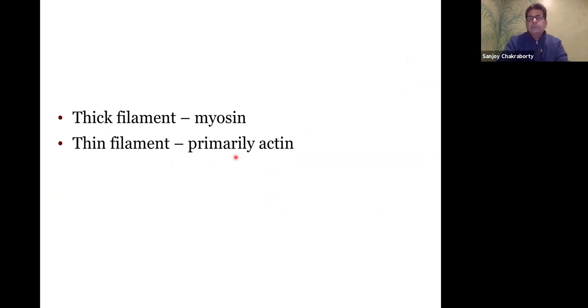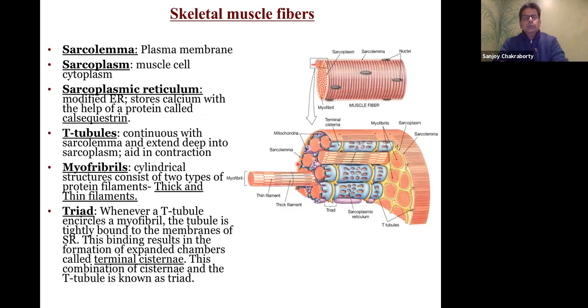The thin filament is made of a protein primarily called actin. So myosin is the protein responsible for making thick filament, and actin is the protein responsible for making thin filament, although the details of their interaction and structure are coming up later on. So this is the fundamental structure of the skeletal muscle cell.